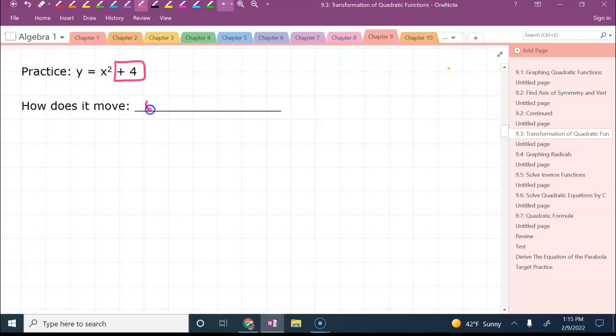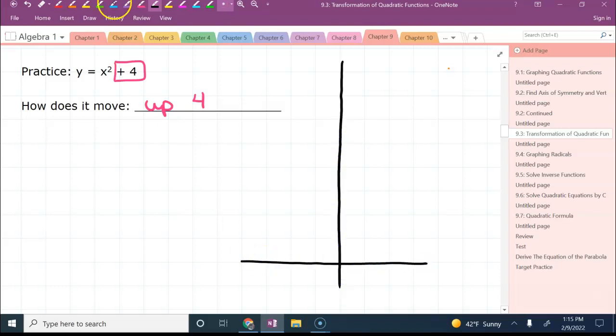This one is going to go up 4 because of that plus 4. So again, I start at 0, 0, and I'm going to go up 1, 2, 3, 4. And then I'm going to have those 2 points on either side of that vertex. That was at 1, 1, negative 1, 1. Those got pushed up 4 as well. So this is where that graph would be.